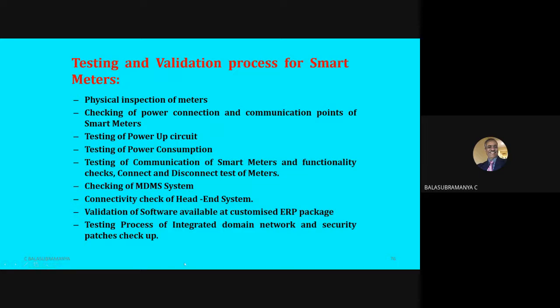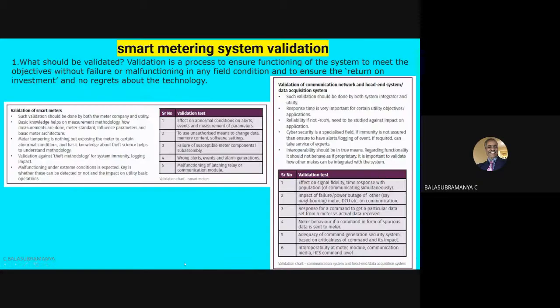Testing process. Okay, integrated domain system. This is the validation. What should be done for validation? Validation is a process to ensure functioning of the system to meet the objective without failure or malfunctioning in any field condition, and to ensure the return on investment and no regrets about technology.